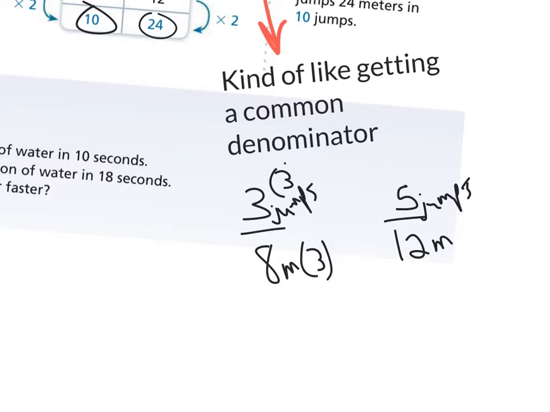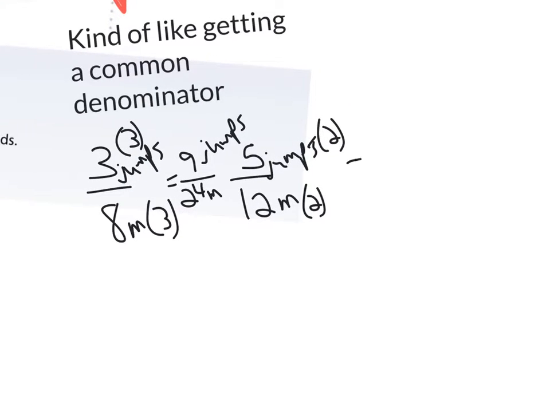So we could say, oh, 24 works. Now that would be 9 jumps for 24 meters. And then this we need to double those. So that would be 10 jumps for 24 meters. Okay, so just a different way of looking at it rather than doing a table. If you want to just do fractions like that, that's fine also.